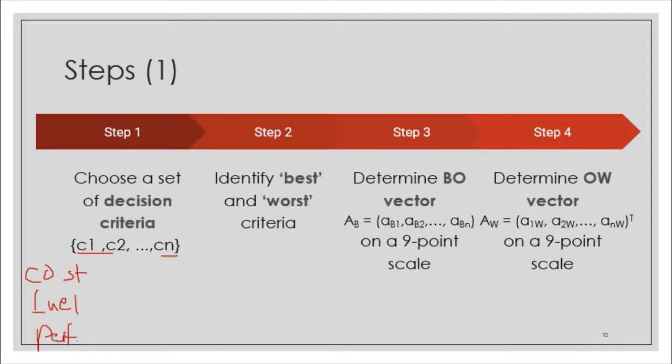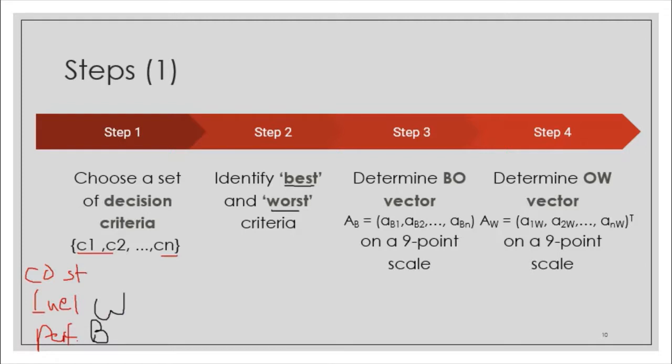After that, I identify the best and the worst criteria. The best criterion is the one that is the most desirable for me, the one that means the most, and the worst criterion is the one that means the least to me. For example, the performance could be my best criterion, and the fuel could be my worst criterion.